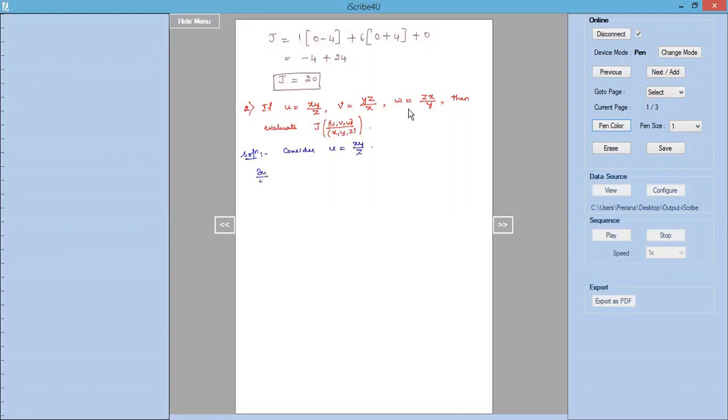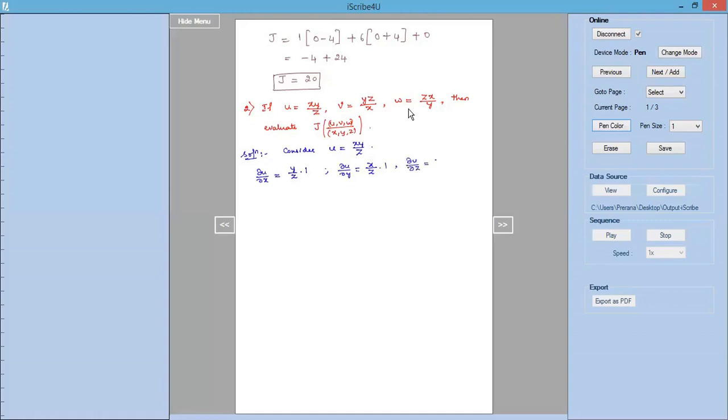Let's find the partial derivatives, dou u by dou x. With respect to x, y and z are constants, writing down as it is. Differentiation of x with respect to x is 1. Then similarly, dou u by dou y. With respect to y, x by z is a constant. Differentiation of y with respect to y is 1. Dou u by dou z.